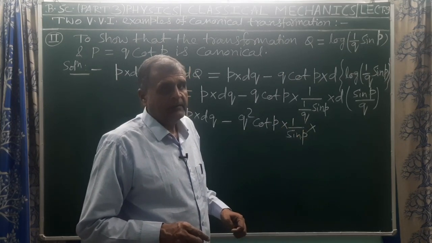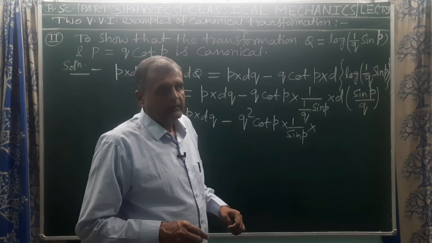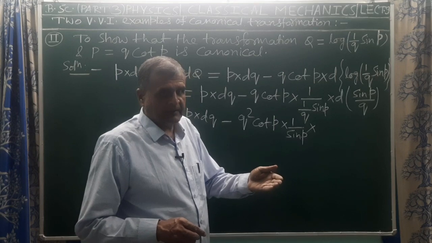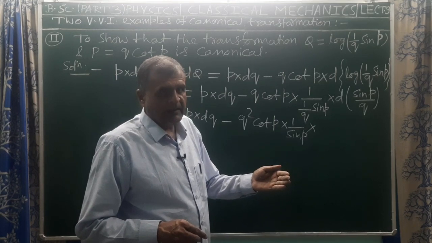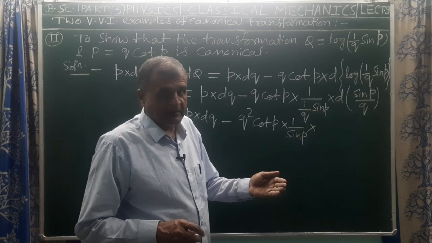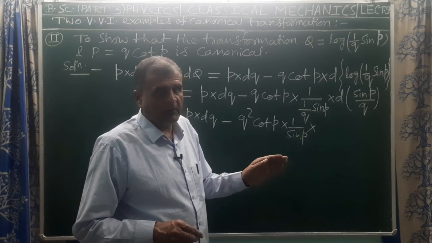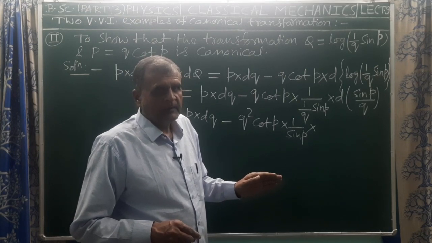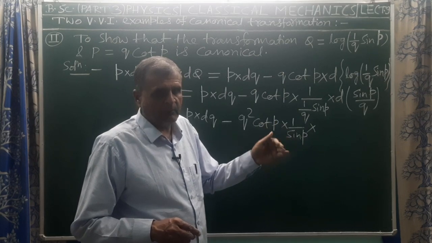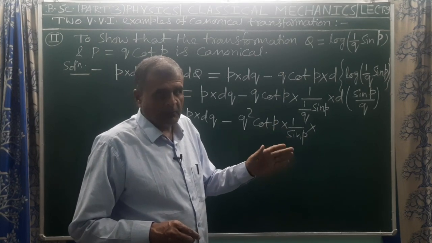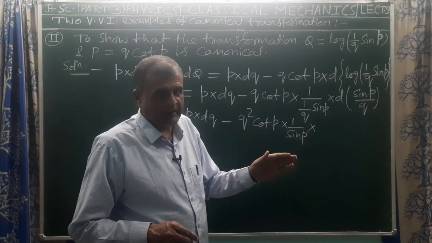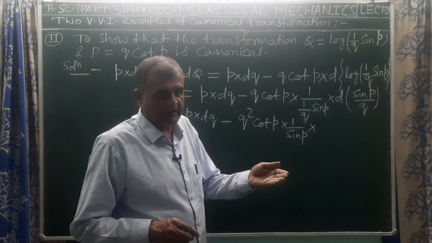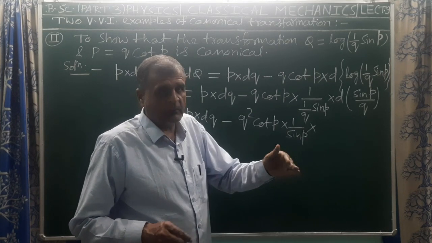So using the formula d of small u upon v, where small u is the function present in the numerator and small v is the second function present in the denominator, we have d of u upon v equals v into du, that is denominator multiplied by d of numerator, minus numerator u multiplied by d of denominator, that is dv, upon denominator square, that is v square.